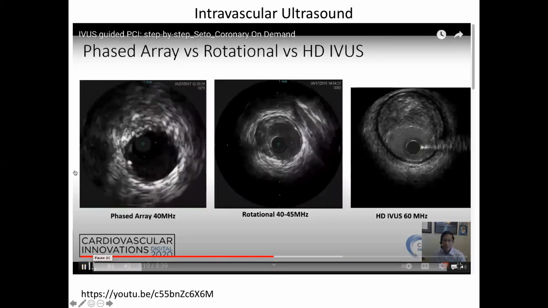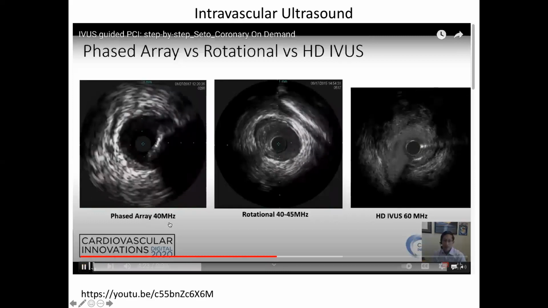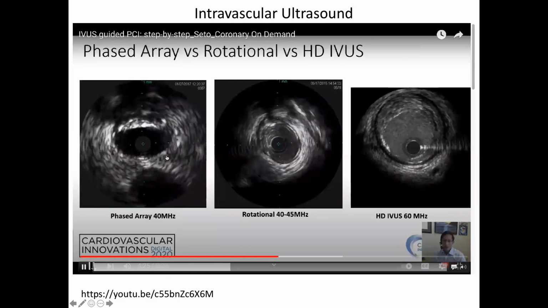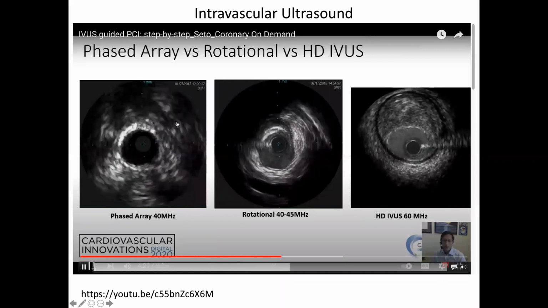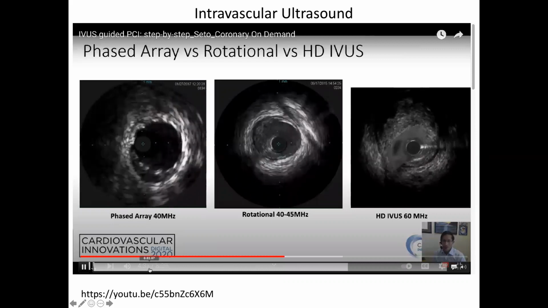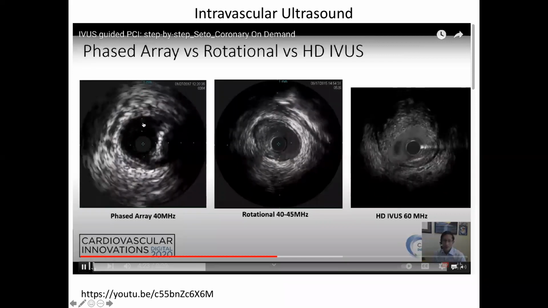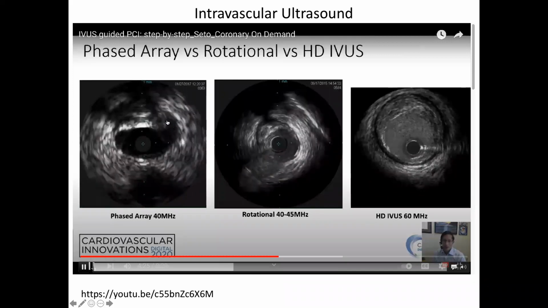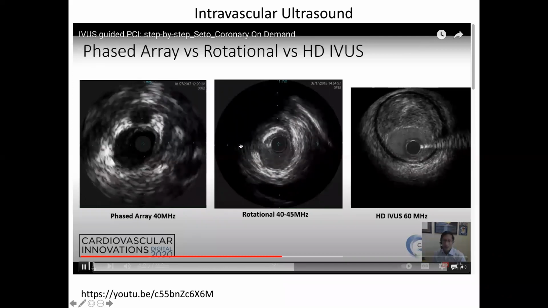So here's one of the phased arrays, and look at the frequency of this thing. It's not 8 megahertz, it's 40 megahertz, right? Because all we're going is a few millimeters into the vessel wall, right? So we're at a very high frequency. I'm gonna restart it. This is the phased array version. You can see the sort of nature of the resolution and the noise as it's moving around in the vessel.